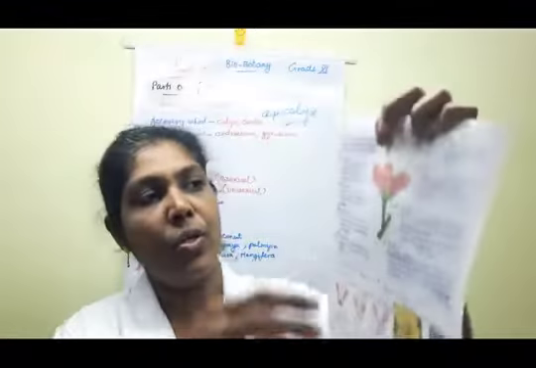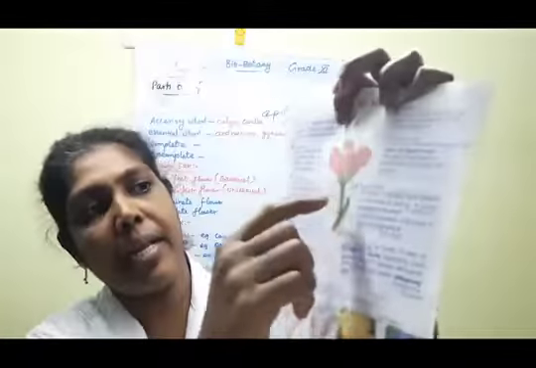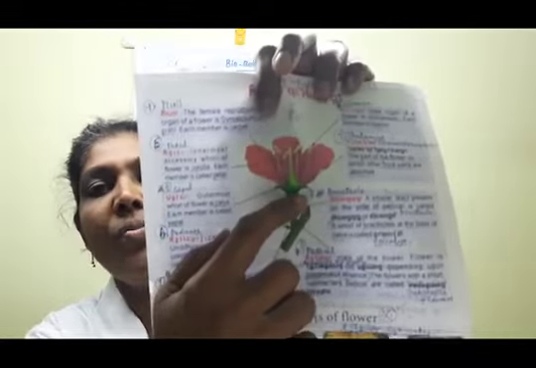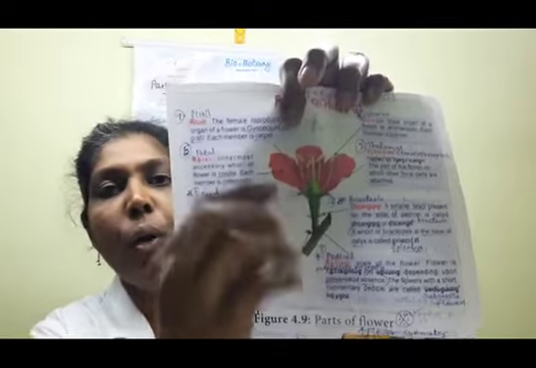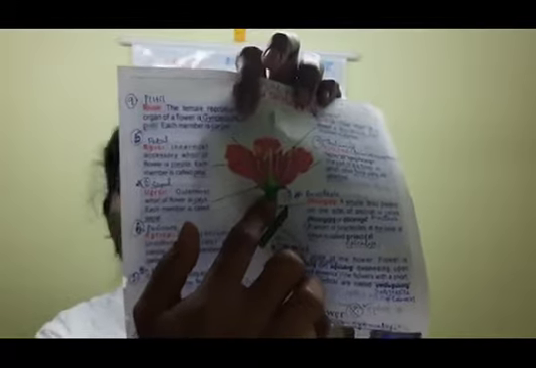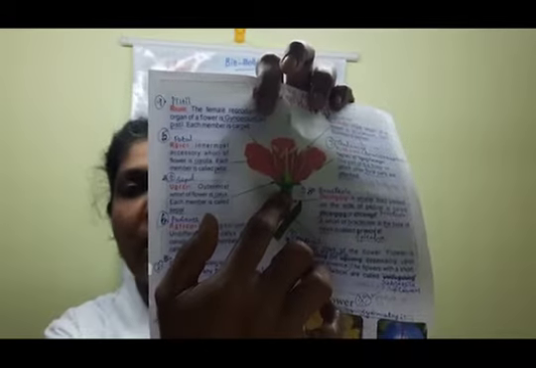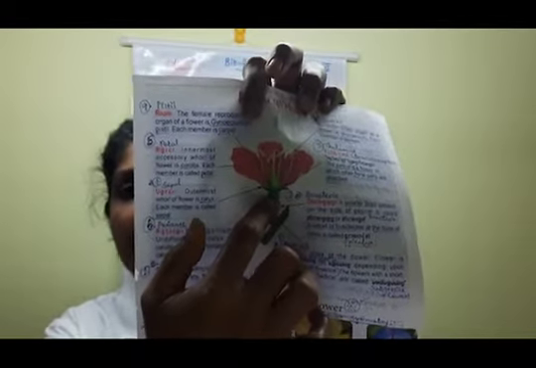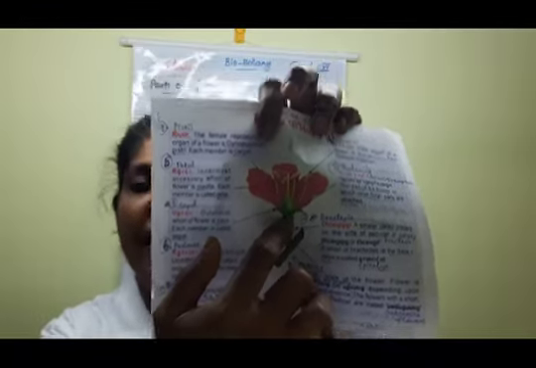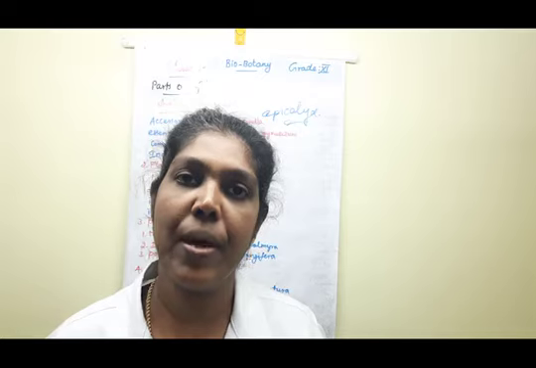If you draw this picture clearly, you can identify this region. That region is known as thalamus, torus or receptacle. Three names are used for this. Thalamus, torus or receptacle. Are you understood, children? Say yes or no?